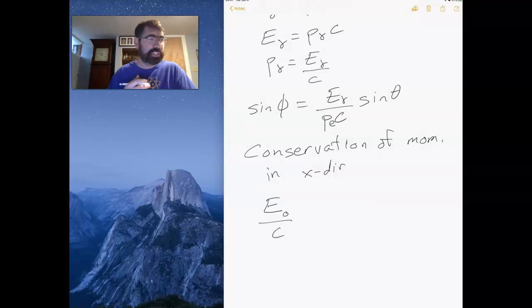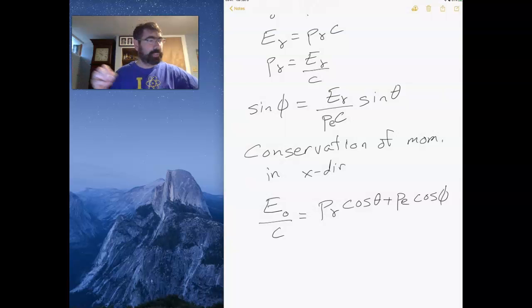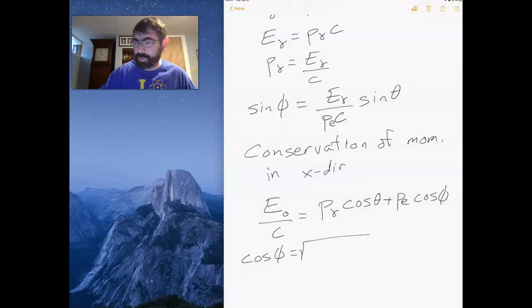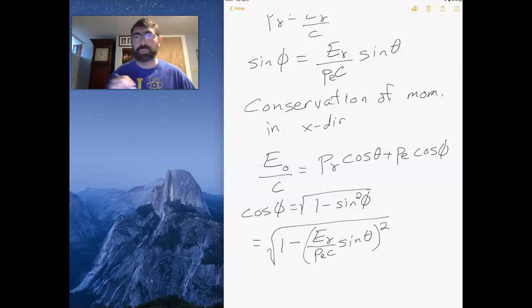So energy and momentum are essentially equivalent, and that's going to be equal to P gamma cosine theta plus PE cosine phi. And cosine of phi is the square root of 1 minus sine squared of phi. And we already said that the sine of phi is related to the sine of theta.